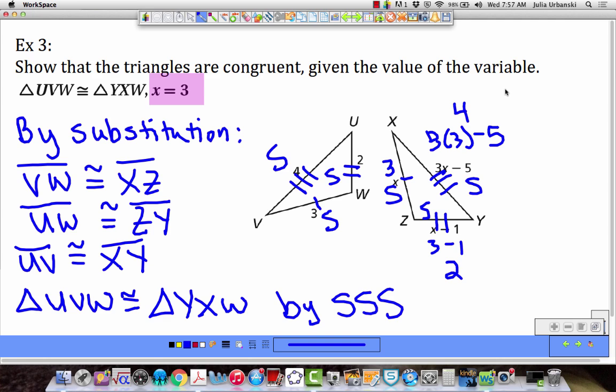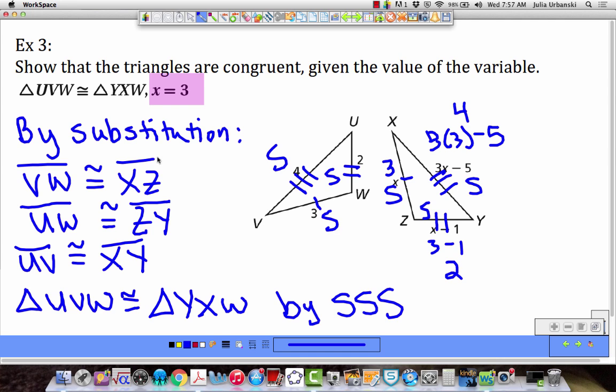I have a typo. And all the other ones are the same. So that should say Y and Z. It looks like there's a typo here.